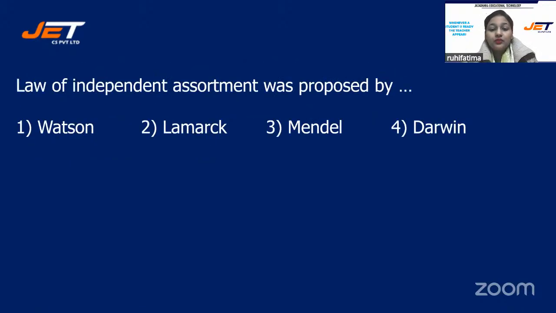Okay, next question we have. Law of independent assortment was proposed by dash. And your options are number 1, Watson, option number 2, Lamarck, option number 3, Mendel, or is it option number 4, Darwin? Who proposed the law of independent assortment?